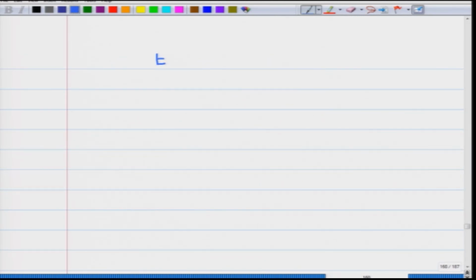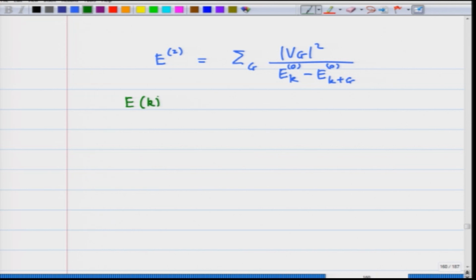In any case, E second order then comes out to be summation over g of V g square over E k minus E k plus g, and I will put a 0 on top to show that these E k and E k plus g are being calculated at the unperturbed level, so that the total energy of the system for the kth level, I will put k here, is equal to E k 0 plus E k 2.